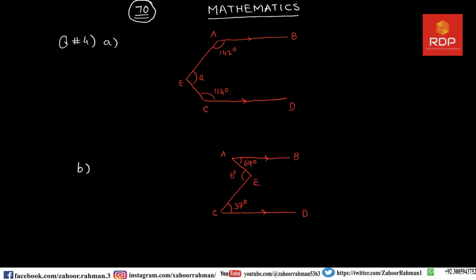The question is saying, given that AB is parallel to CD, find the value of the unknown in each of the following figures.